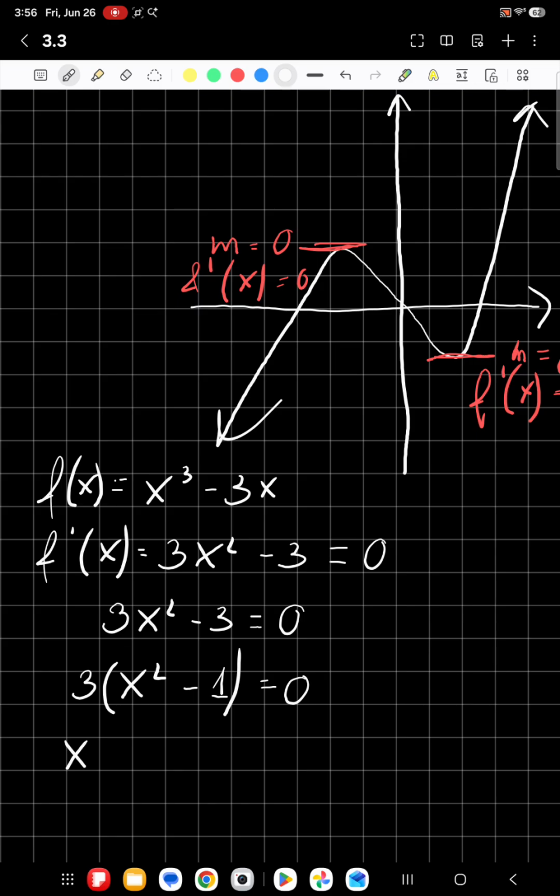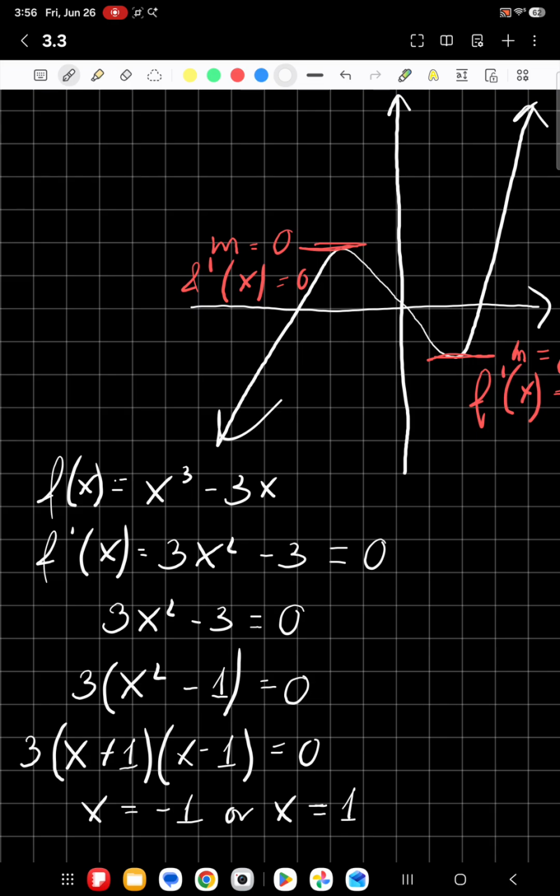Let me factor it first: x plus 1 times x minus 1 equals 0. We solve it and get x equals negative 1, or x equals 1. These are the x's for which the function has horizontal tangents, because the derivative is 0.